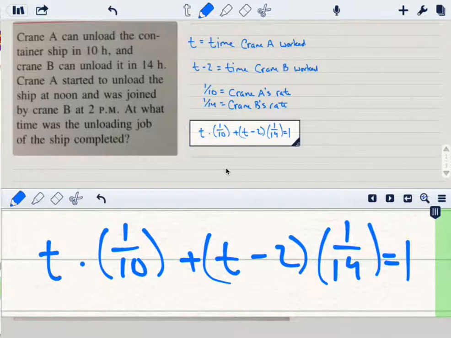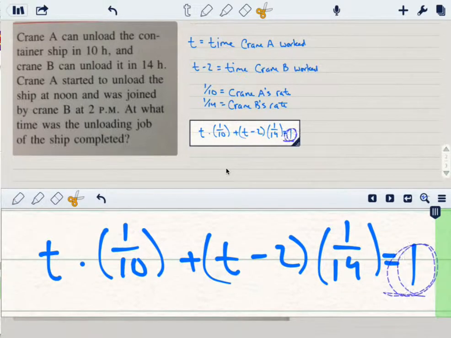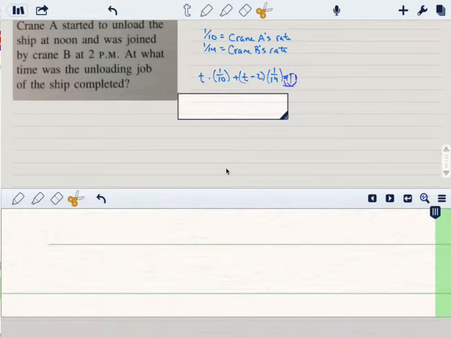All right, that should be equal to 1 because the time it takes Crane A is t times its rate plus the time it takes Crane B times its rate should be equal to the entire container ship.